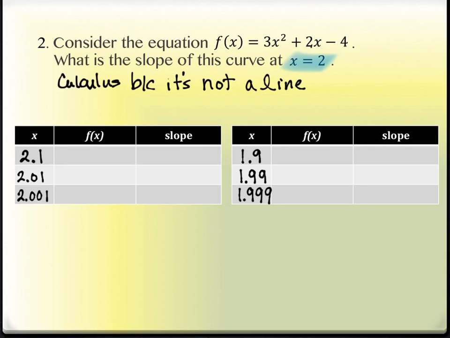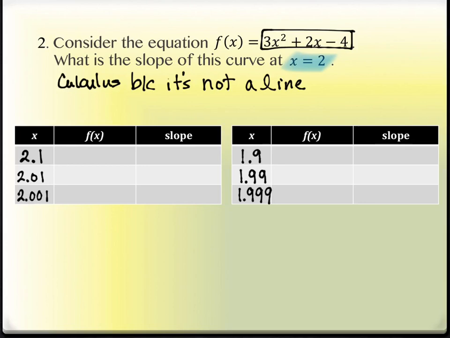So take this equation, and if you're using a graphing calculator, you can put the 3x squared plus 2x minus 4 in y1 in your calculator. If not, you can just put the number 2 in as you go. You can do 3, then parenthesis 2 squared, plus 2, parenthesis 2, and then minus the 4. We want to plug in the number 2.